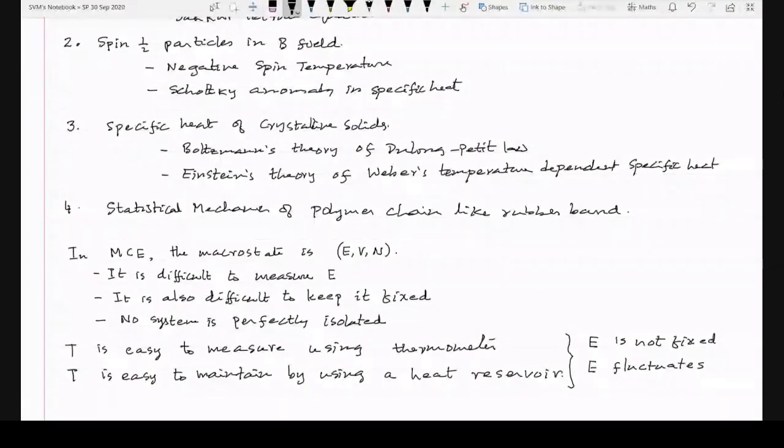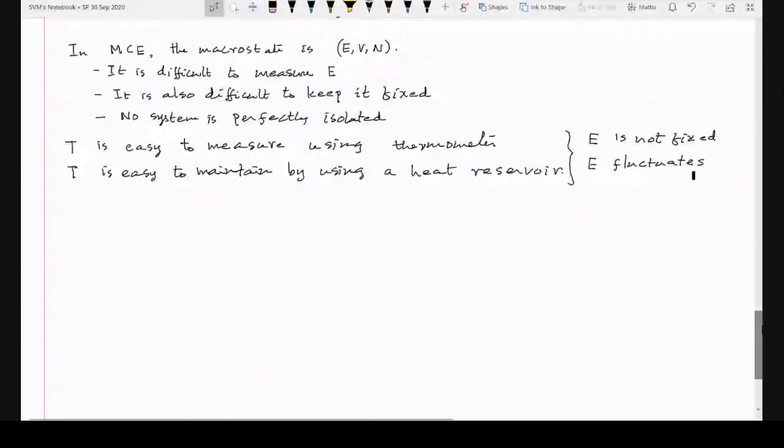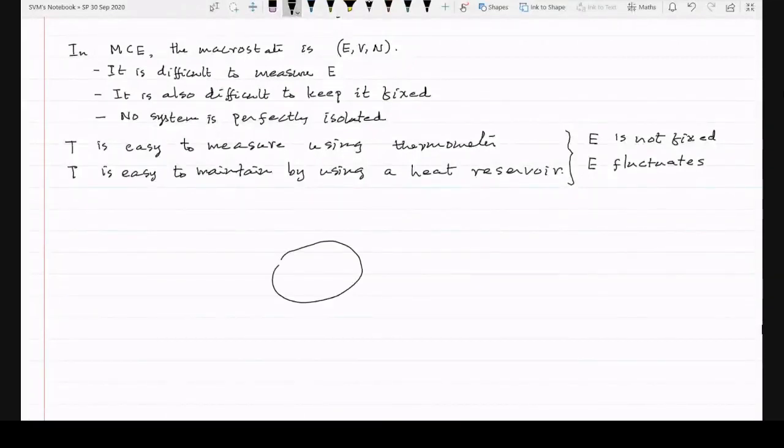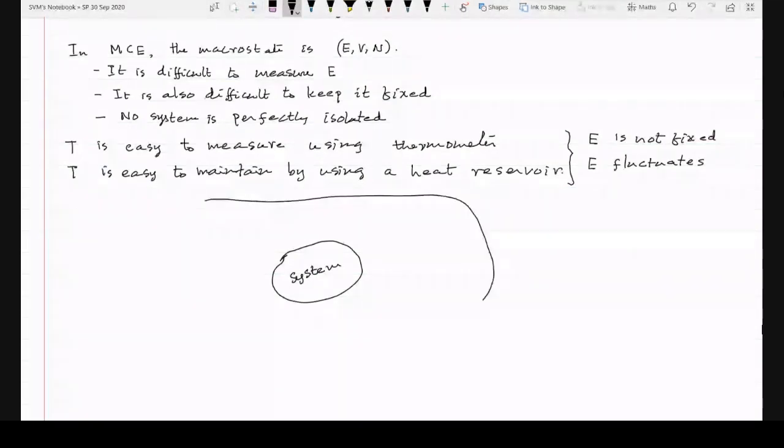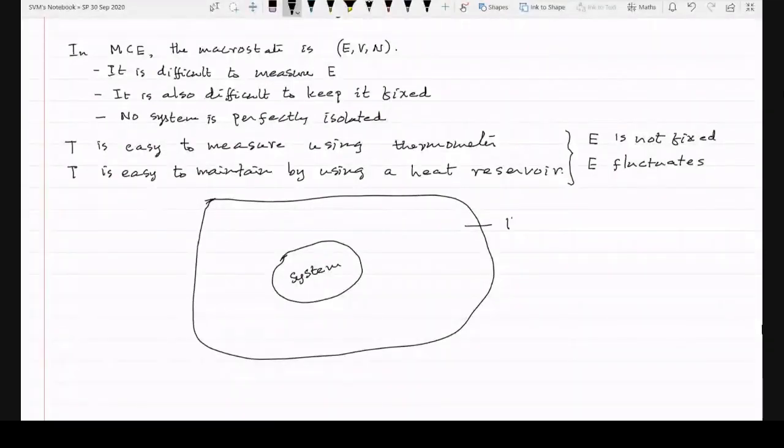So we are going to ask a question, in this particular system, what we have is that we have a system. Okay, so let's say we have a system, and we have a much bigger system. We'll call this a reservoir or heat bath, or reservoir.